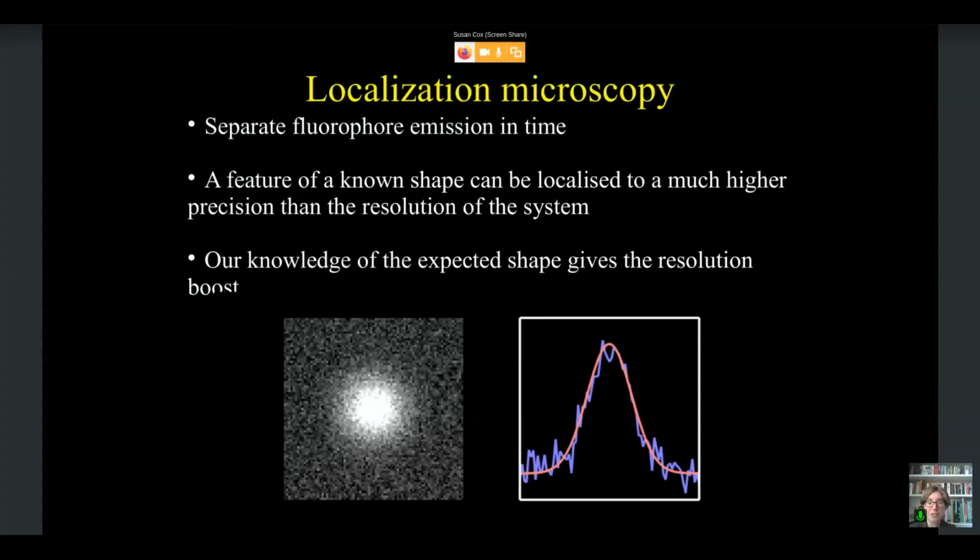That tells you that the accuracy with which you know the position of a fluorophore is given by 1 over the square root of the number of photons. And then there's also a component from the background, which kicks in surprisingly early. In general, the more photons, the more accurate, but it only increases by 1 over the square root. So you do need a big increase in the number of photons to get a big increase in accuracy.